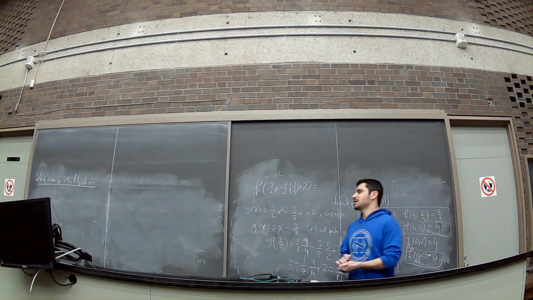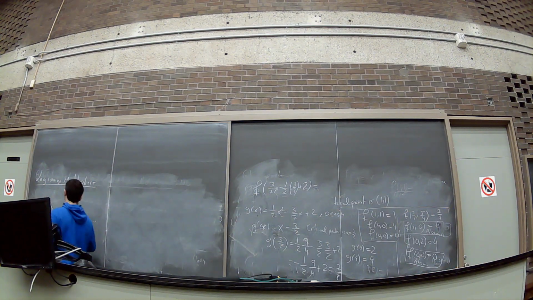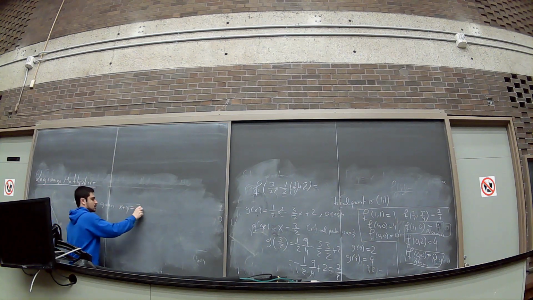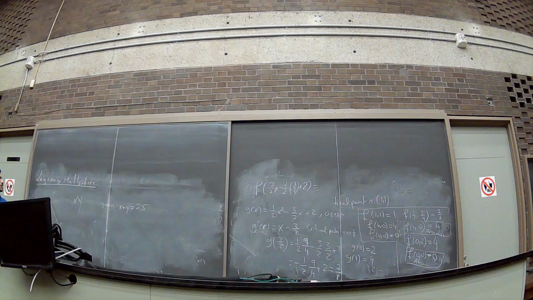You had to find the maximum of xy, the area, given that x plus y is 25. Then you transform this into a one-variable problem: y is 25 minus x, and you maximize this function. You remember this?